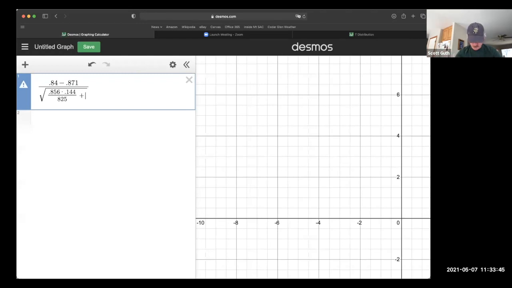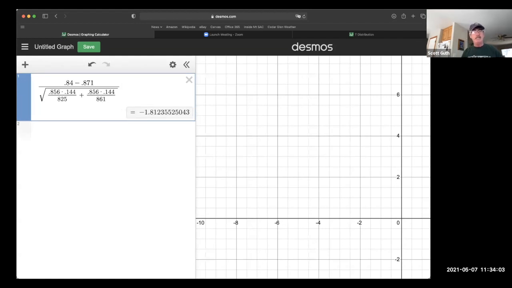Got to make sure you're still in the square root. Plus a slash for the next fraction. Same numerator, 0.856 times 0.144. Different denominator, this time it's 861. And you should hopefully get what I got, negative 1.81.